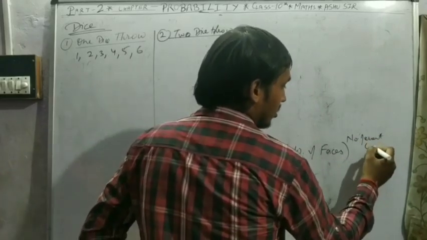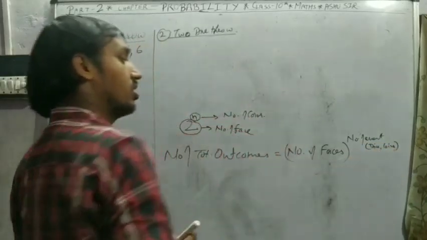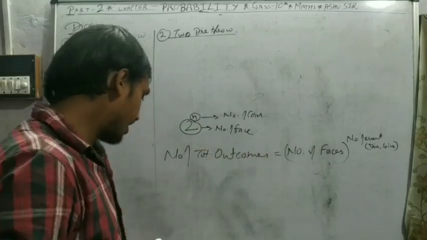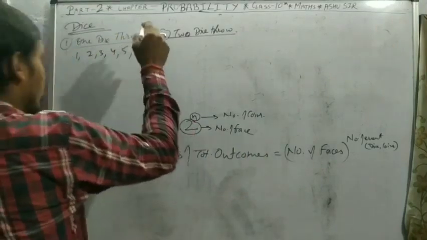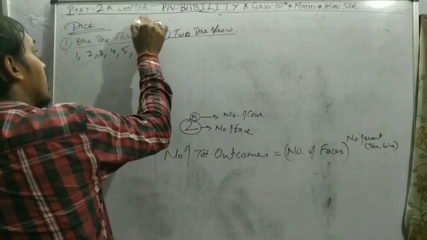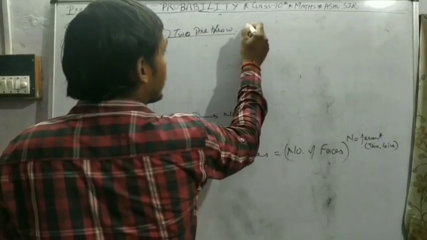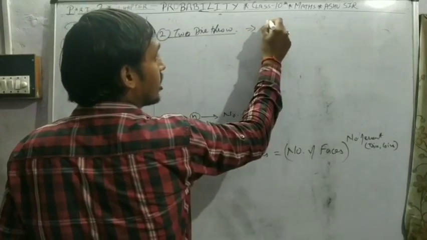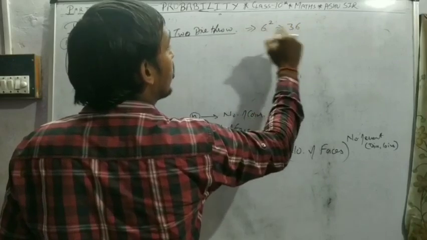Just like dice, coins, etc. So if I say 1 dice, 6 faces power 1, so that is 6 outcomes. 2 dice, 6 faces, 6 to the power 2 equal to 36 outcomes.